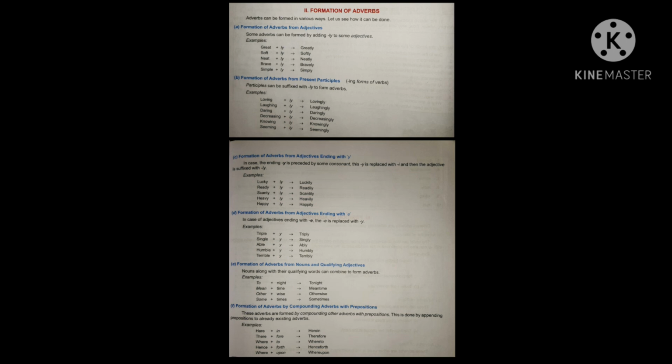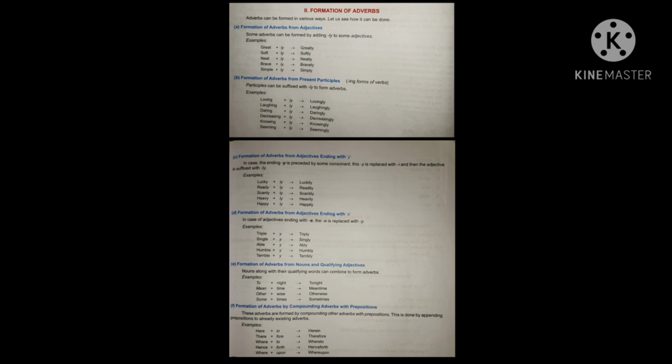And the second rule is that we can make an adverb from present participles. Present participles means it is the ing form of the verb. Continuous form of the verb like loving, laughing, daring, decreasing. All these words are ending with ing.